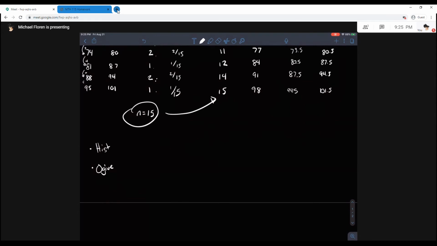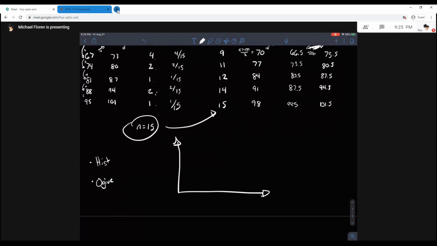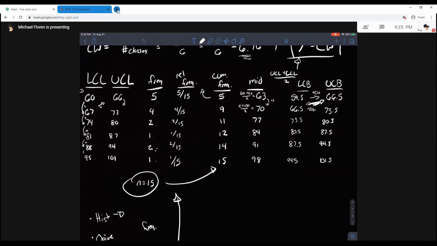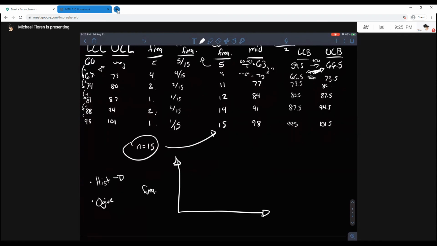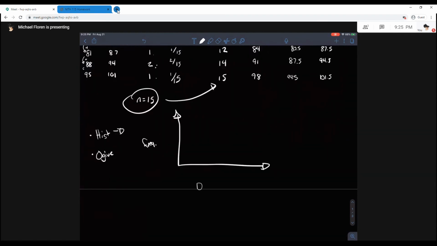For the histogram, I'm going to go on and draw out my data. Now, let's see. So for a regular old histogram, my y-axis is going to be labeled frequency. My x-axis depends on the data. So with this data, I'm assuming this data is diastolic blood pressure.